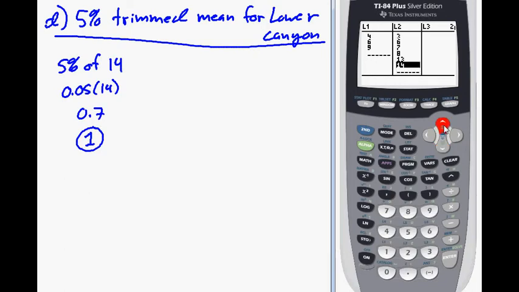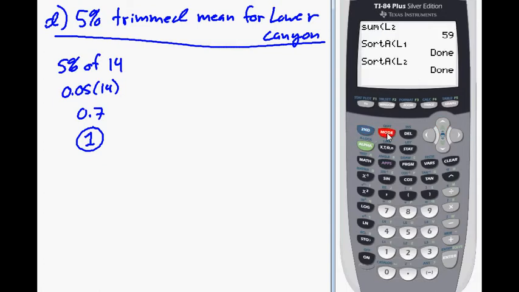So here in L2, I'm going to take the 14 and delete it, and then I'm going to go to the top and delete one of the zeros. So now L2 is the 5% trimmed data list. And of course, we now have not 14 but 12 data points.